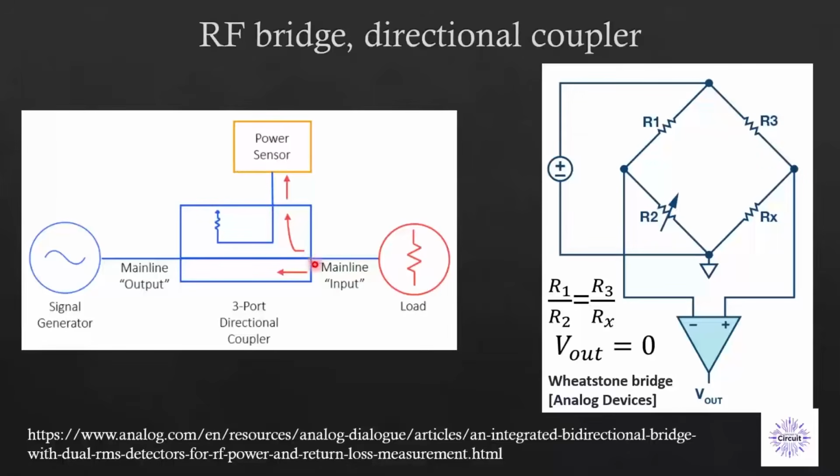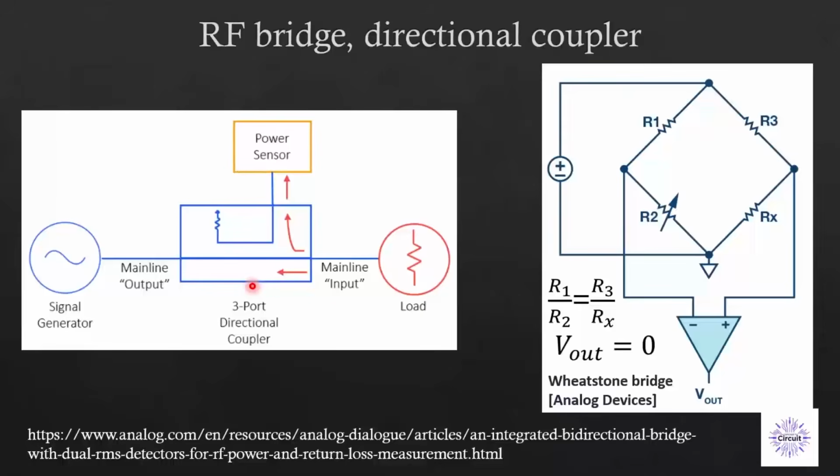I know that if I connect a signal at this port, some of it is coupled through this port, and if I know the ratio of the coupled signal, I can measure how much is the reflected wave. There are many directional couplers you can buy or make, or many ways to implement them.